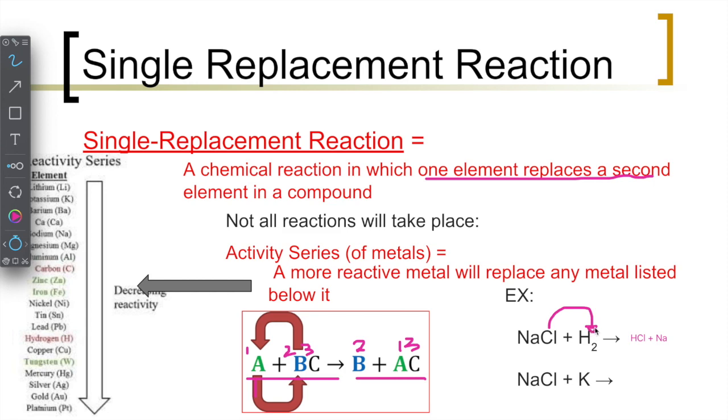And the same thing is happening in the second example. You're going to swap out, so it becomes KCl and sodium again. Notice that you're keeping the metals. You're not going to put two metals together. Sodium and potassium are both metals, so they're the ones that are doing the exchanging.